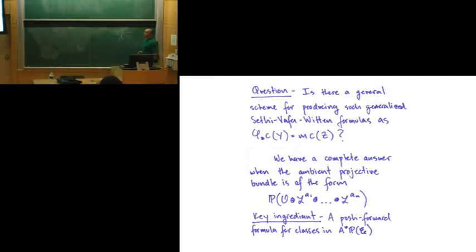And so the key ingredient for producing such generalized Sethi-Vafa-Witten formulas is a push-forward formula for classes in the Chow ring of a projective bundle. So again, I come from an algebraic geometry background, and for me, Chern classes live in the Chow ring of the projective bundle. And the push-forward corresponds to the proper push-forward of the corresponding Chow rings.